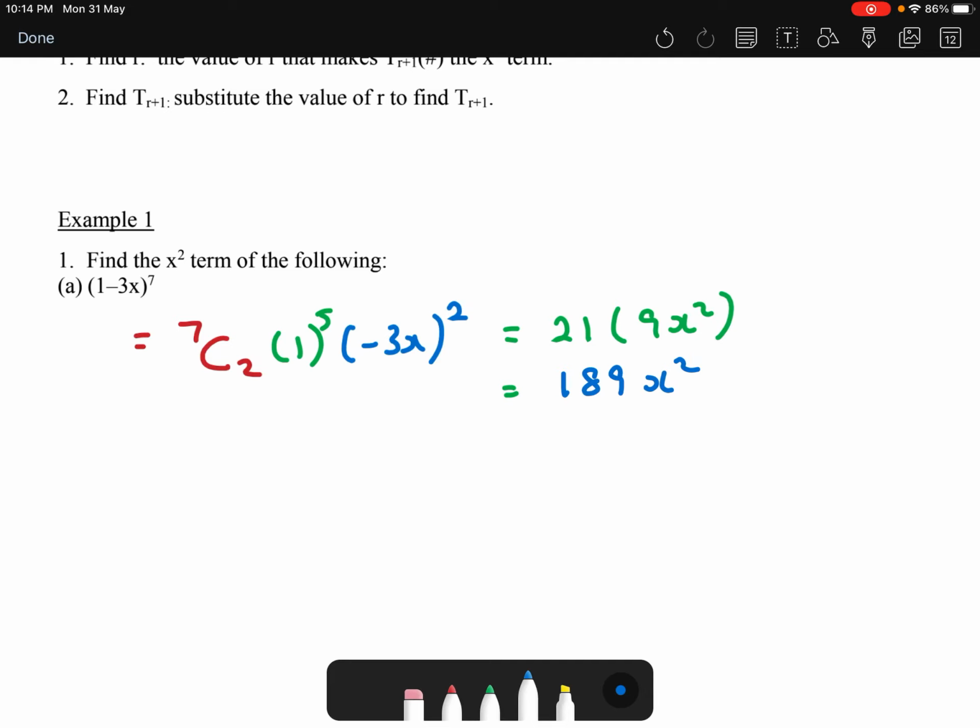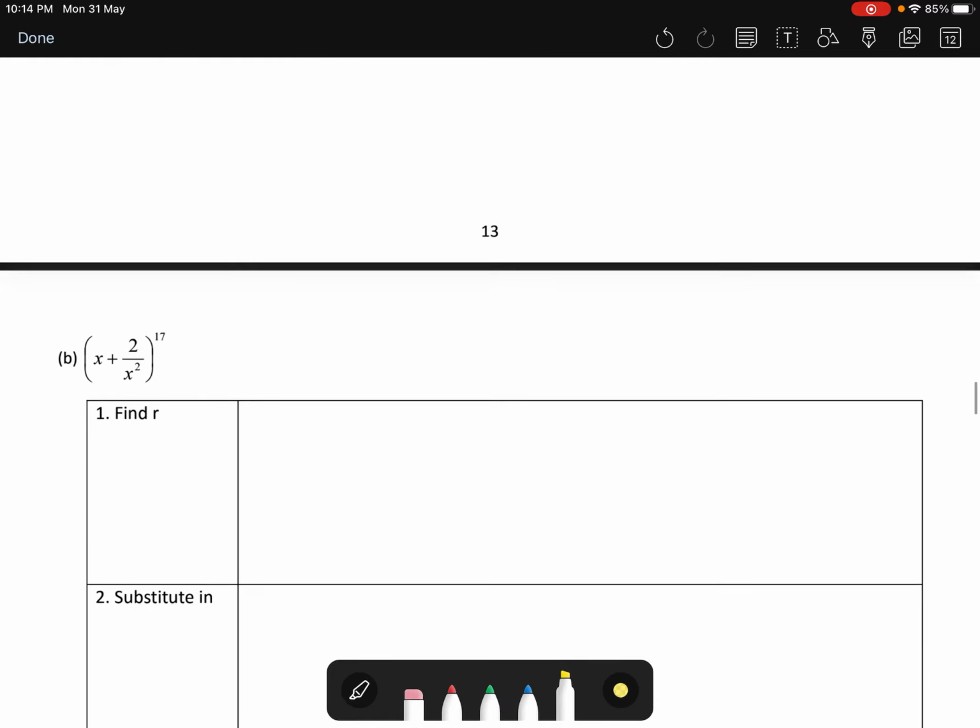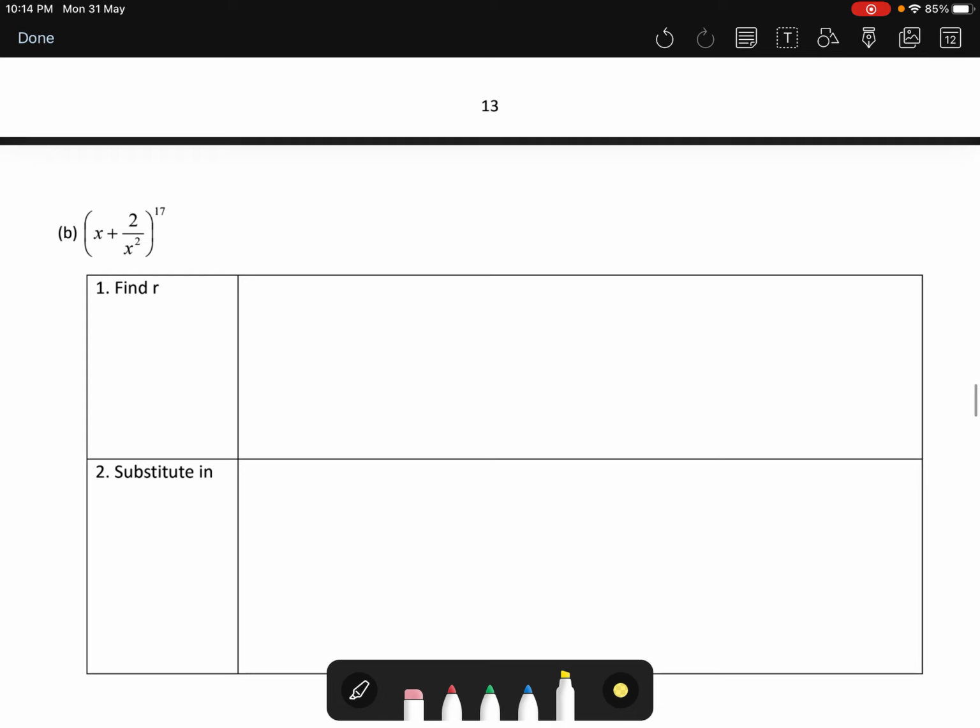This one is simple because inside the bracket is linear. If you plot 1 minus 3x, you will get a straight line. But what if you are not given such a simple linear expression? For example, (x plus 2 over x squared) to the power of 17.